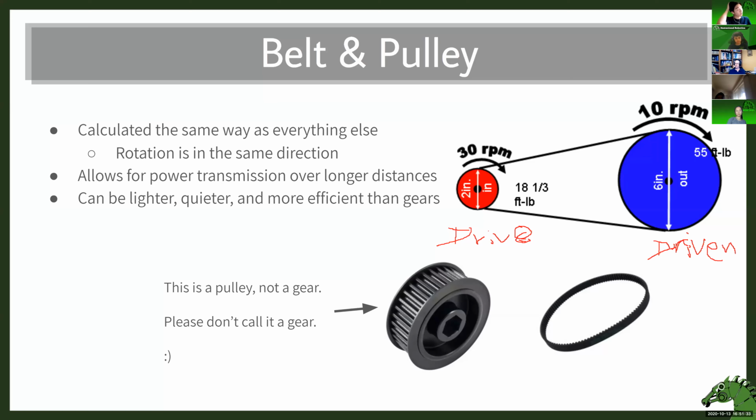I know that intuitively, but it's safer to look at the diameter or the teeth numbers when you're calculating mechanical advantage. So 6 over 2, ratio of 3. That's why your torque is higher on the output, from 18 1/3 to 55 pound-feet, but your RPM is divided by 3.